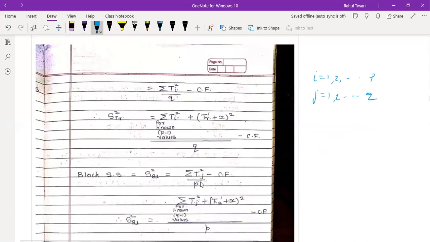Then similarly we have the sum of squares due to treatment, where again there are p minus 1 observations, Ti dot squared plus these observations, because this we have already written.